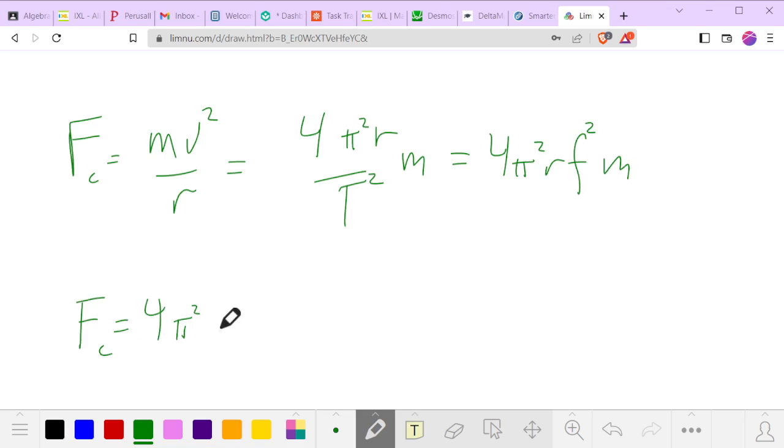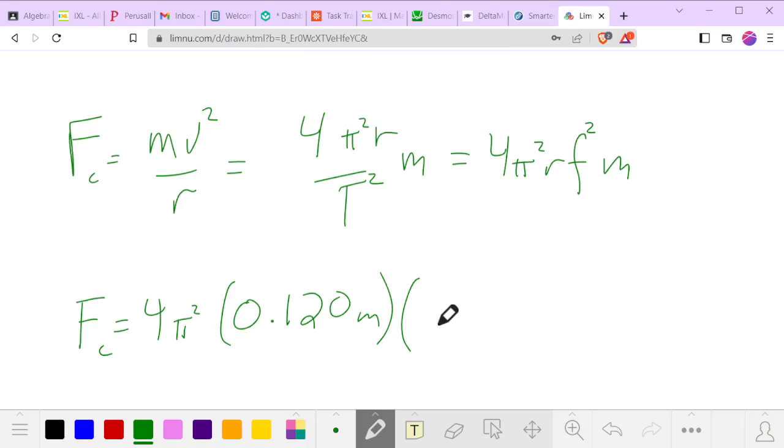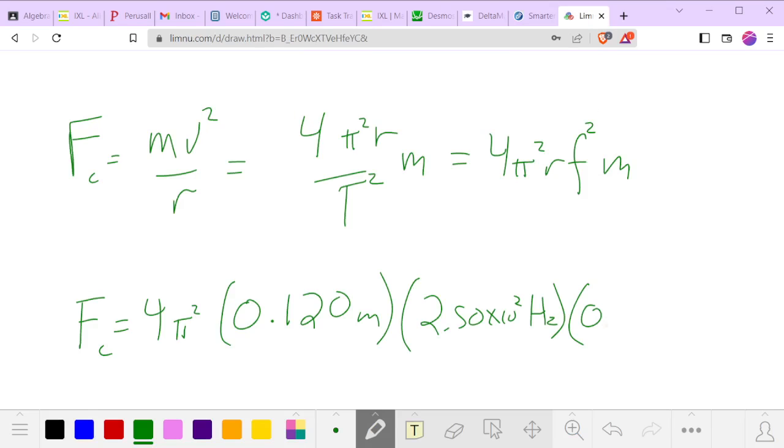4 pi squared. Our radius was 12 centimeters, so that's 0.12 meters. Our frequency is 2.50 times 10 to the 2 hertz. And our mass is 15 grams, so 0.015 kilograms, because everything goes to SI units.